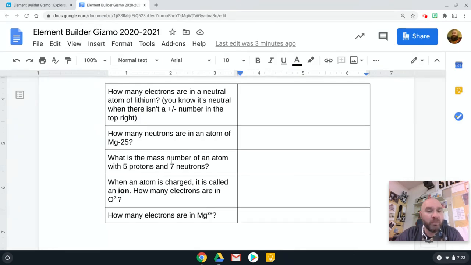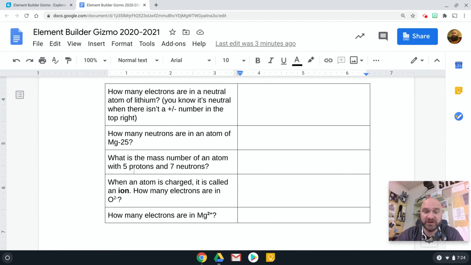All right. What is the mass number of an atom that has 5 protons and 7 neutrons? Well, whenever you add a proton or a neutron, you are getting its mass number. So 5 plus 7 is 12, so the mass number is going to be 12.